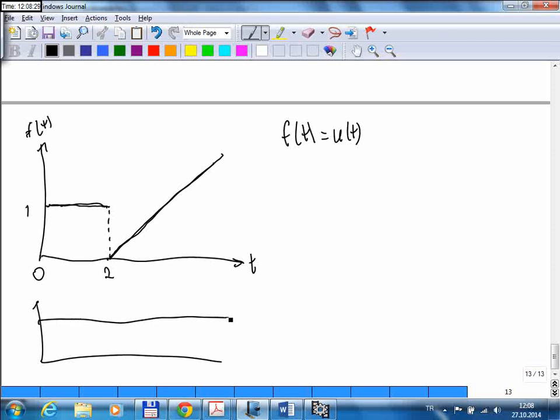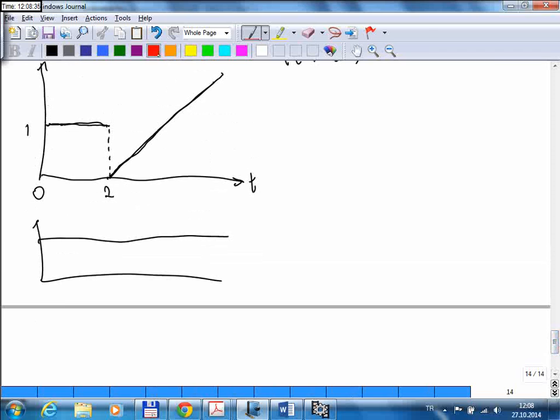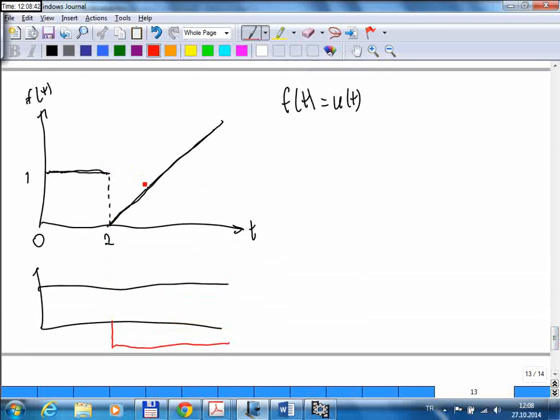Okay, and if I subtract from that function this red function, I will get this part, right? So I take u of t, and then from that subtract u of, so this red function is what?